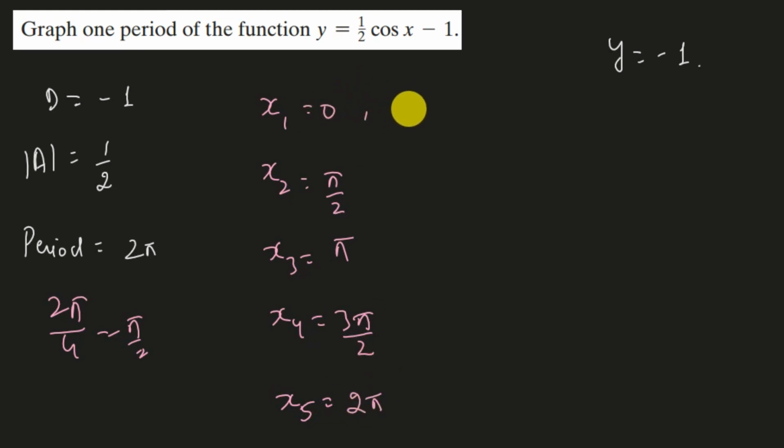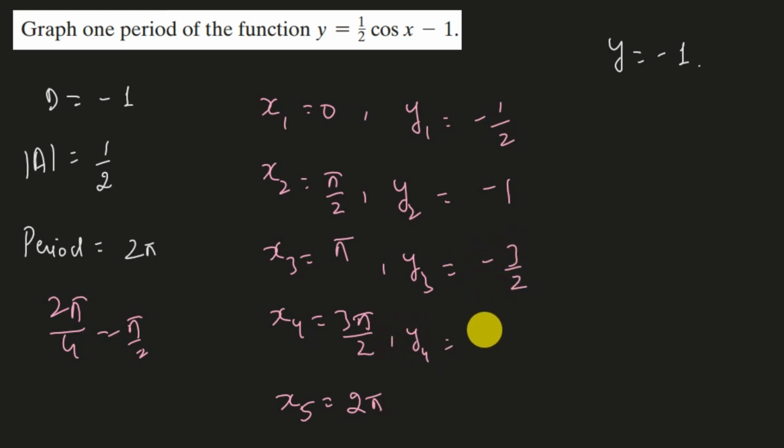Now y1: when x is 0, cosine 0 is 1, so half minus 1 is minus half. So we'll start from this. When x is 0, y should be minus half. Then y2 would be minus 1, y3 would be minus 3 over 2, y4 would be minus 1, and y5 would be minus 1 over 2.